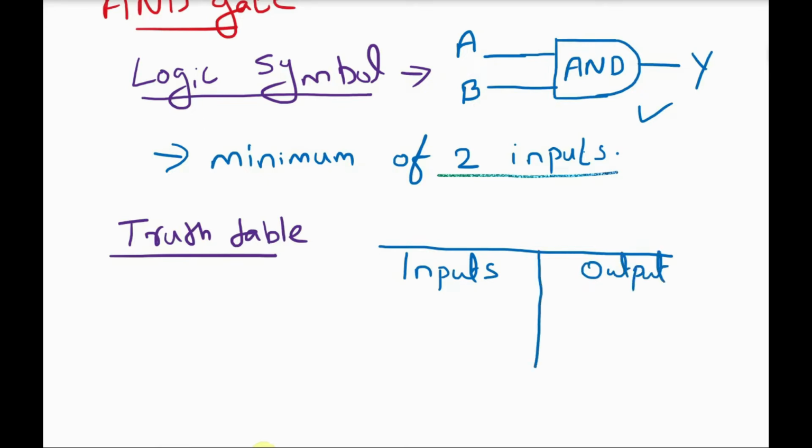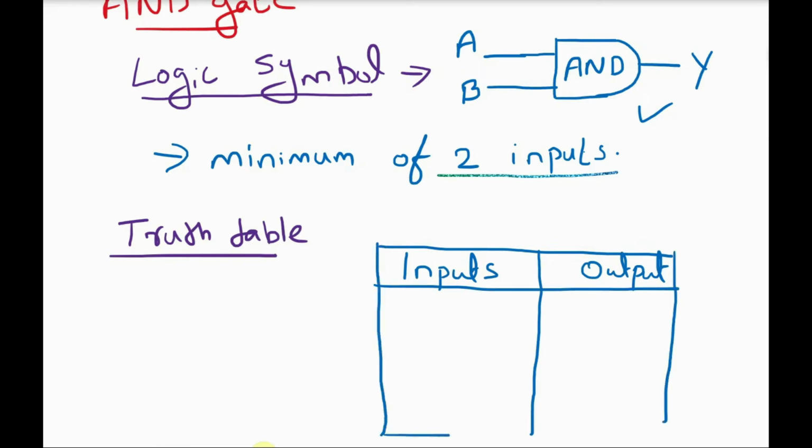So here we have two inputs. In this AND gate, we have two inputs, namely A and B, and also we have one output named Y.